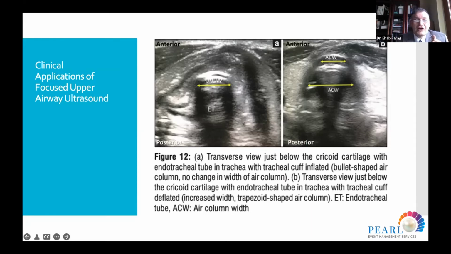Here you see the airway column with the cuff inflated. However, here is the airway column with the cuff deflated. If the difference between the deflated and inflated is less than 1.6 millimeter, that can be an indication of the development of upper airway edema or vocal cord edema.